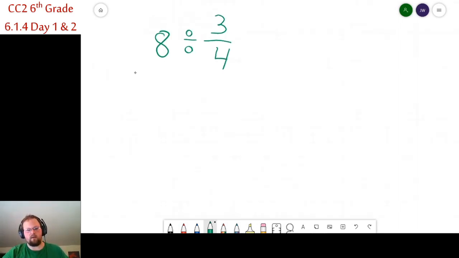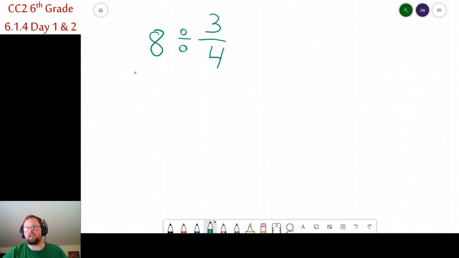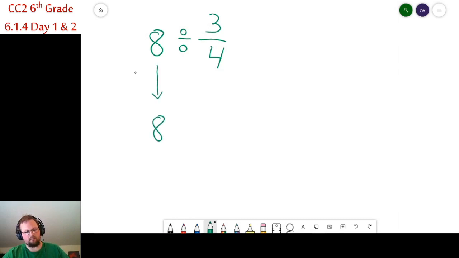Now, the trick with dividing fractions is super duper simple. There's a silly rhyme for it. It's: when dividing fractions, don't be shy, flip the second and multiply. So if I am dividing these fractions, the 8 stays an 8. I can actually make it 8/1 because I'm going to want it like a fraction.